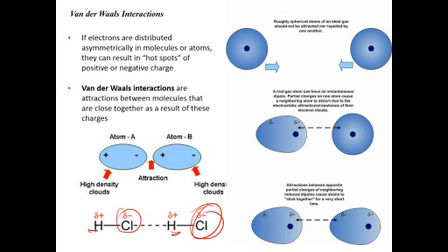So van der Waals interactions are weak chemical interactions. It has to do with the attraction between molecules that are close enough together and are holding on to one another as a result of these charges.